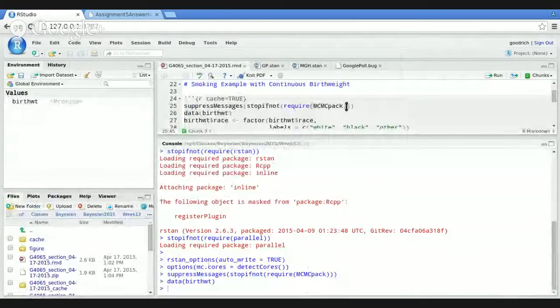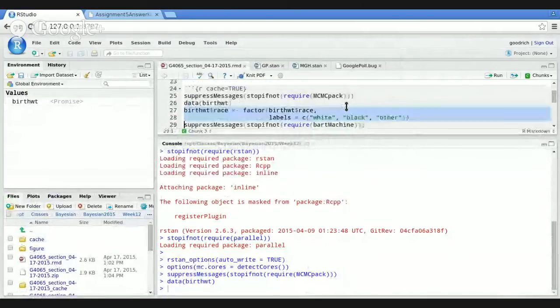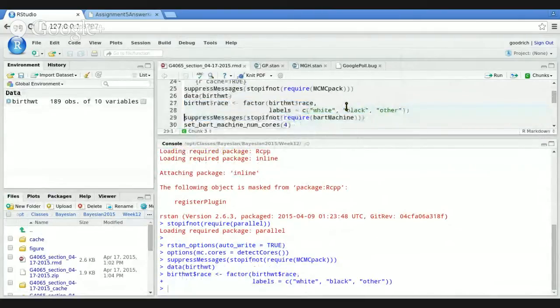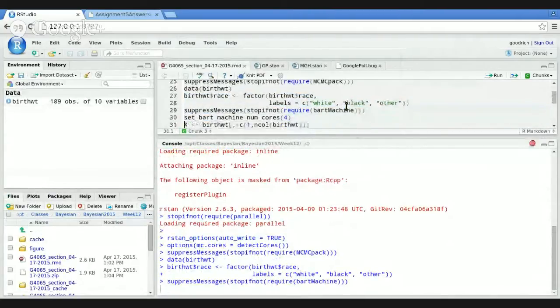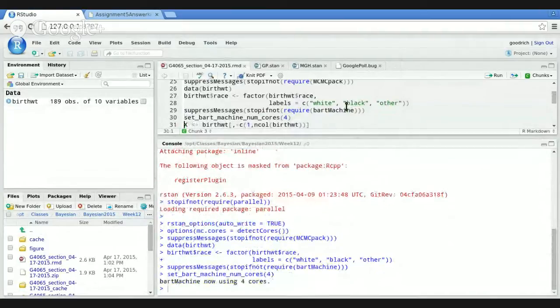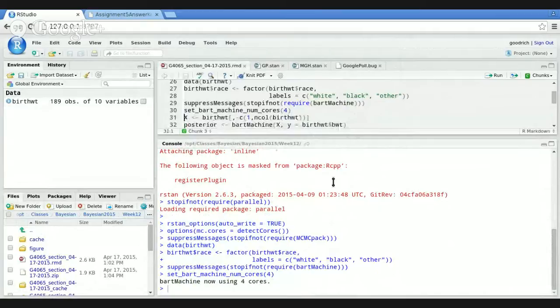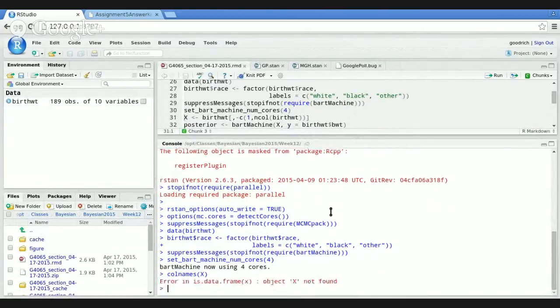Okay, so we got the birth weight. We need to change the race variable to a factor. Bring in bartMachine. bartMachine can estimate stuff in parallel, but this is actually going to go pretty quickly. So what are the X variables that we have here?